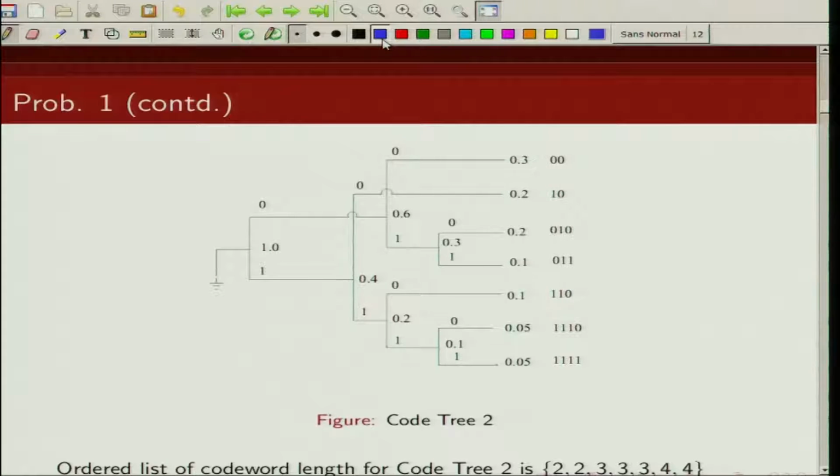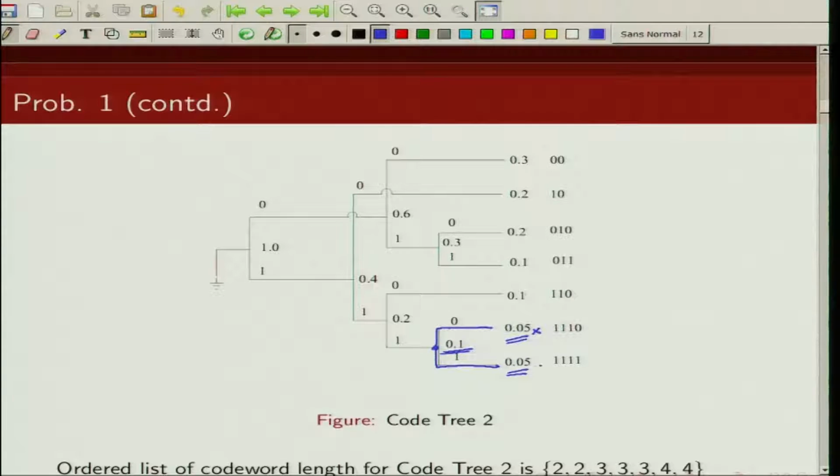Same example. So the 2 smallest probabilities are 0.05 and 0.05. We can combine these 2 and create a new node which has probability 0.05 plus 0.05, that's 0.1.